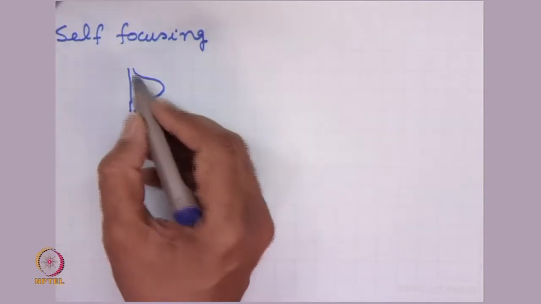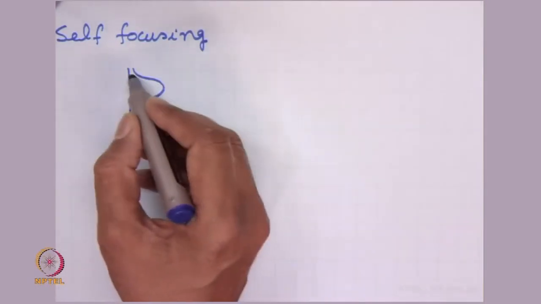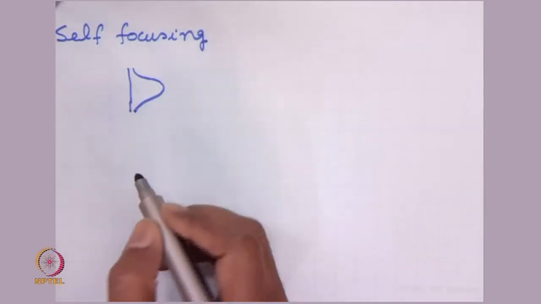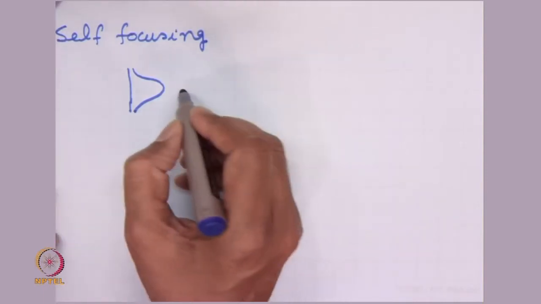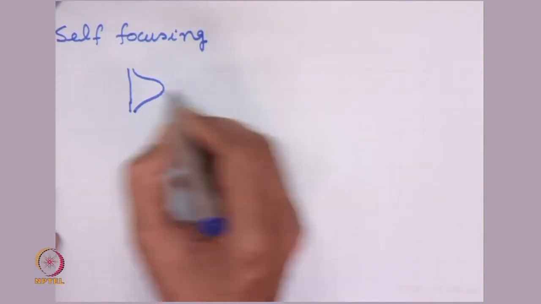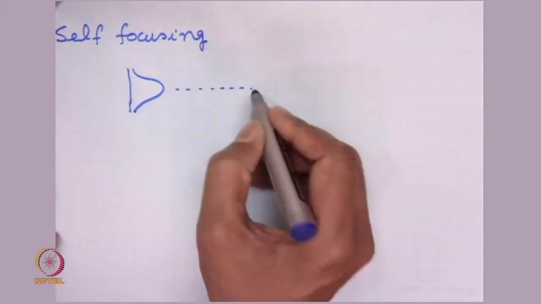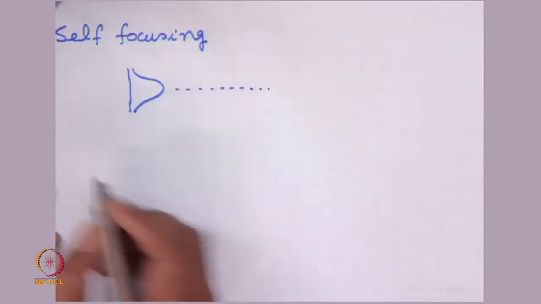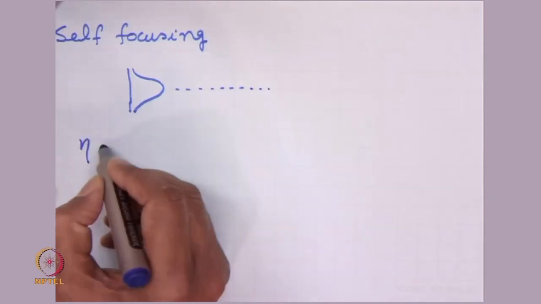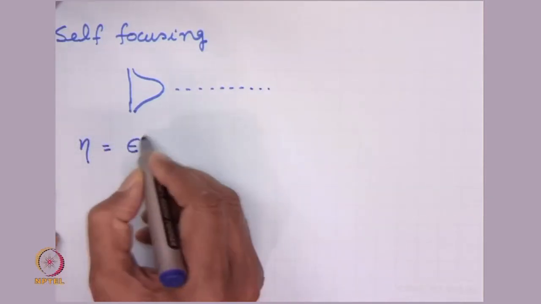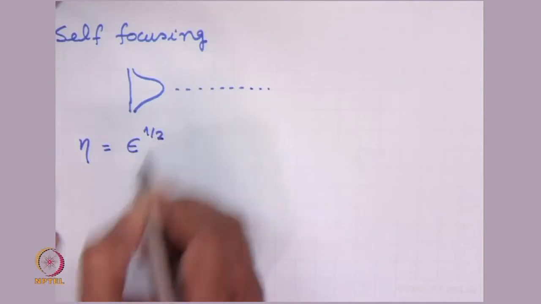Normally people take it to be a Gaussian laser beam with maximum intensity on the axis and a monotonically decreasing function of transverse distance r. Now, this is called the axial region, where the permittivity of the plasma has become larger, and the refractive index is defined as the effective plasma permittivity to the power half.